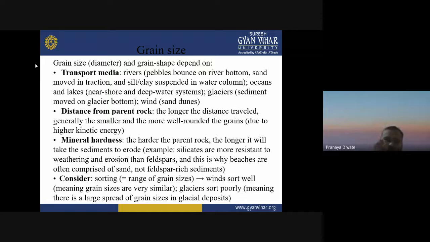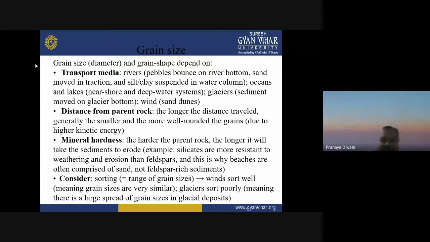Also, within the transport media, in a river, if the grain is coming from only 2 kilometers, the grain size may not be that fine.